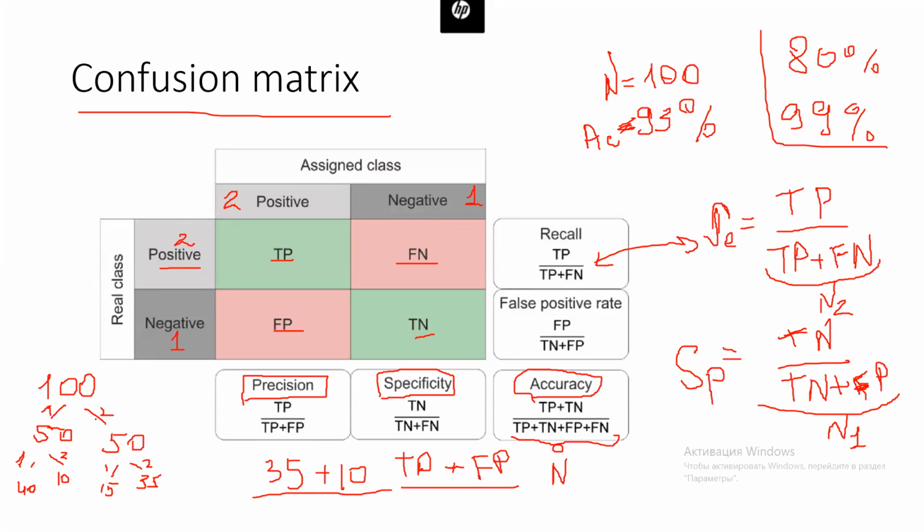And also, in general, we have only 50 observations. We need to estimate how many objects from the first class were classified correctly.